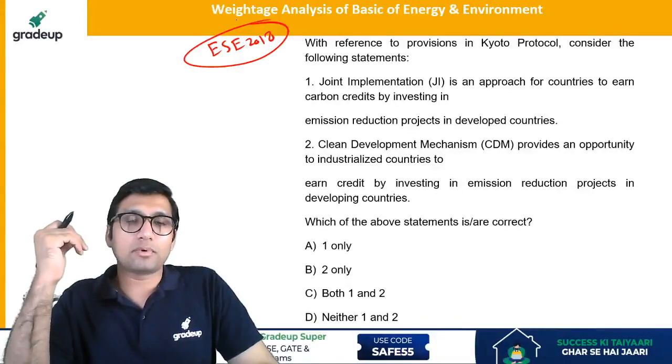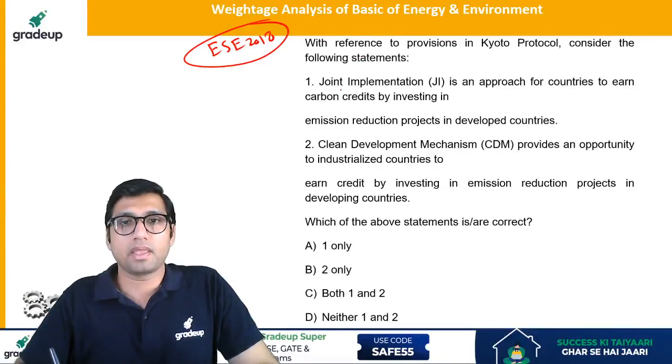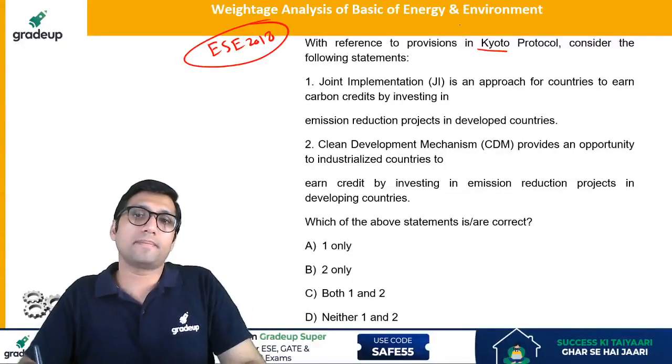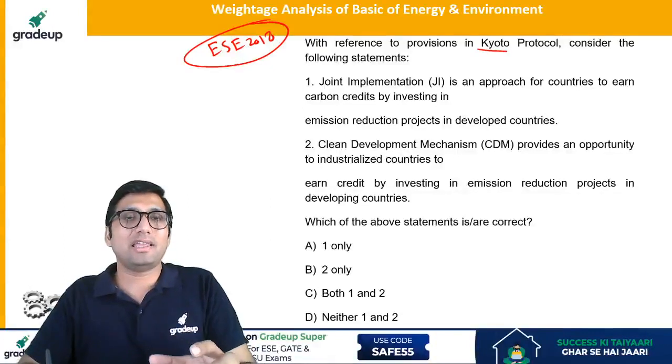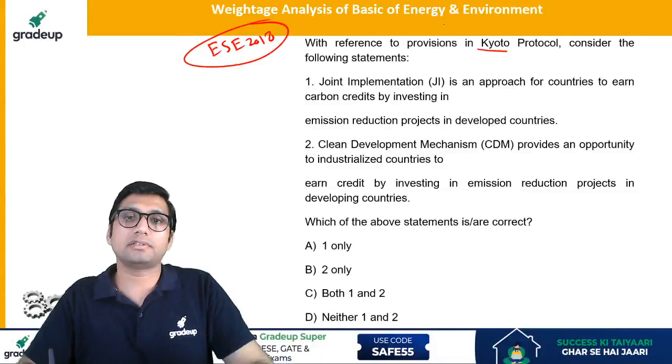With reference to the provisions in the Kyoto Protocol, consider the following statements. Joint implementation is an approach for countries to earn carbon credits by investing in emission reducing projects in the developed country. Under the Kyoto Protocol, they have adopted different methodologies for avoiding emissions from industries and other pollutants.